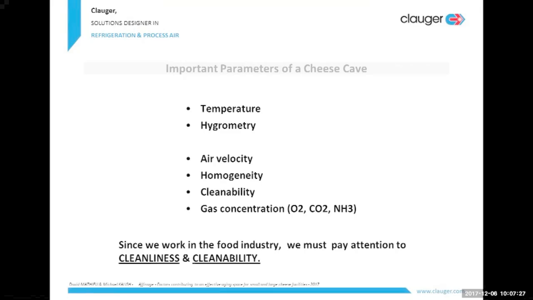Other parameters to be controlled are the air velocity, the homogeneity throughout the room, throughout the space, the cleanability, and for some types of cheese, we even need to control the gas concentration, so the oxygen, the dioxide, and the ammonia level in the aging room. And because we work in the food industry, of course, we have to pay attention to cleanliness, cleanability. Everything has to be clean, clean, clean, and clean.